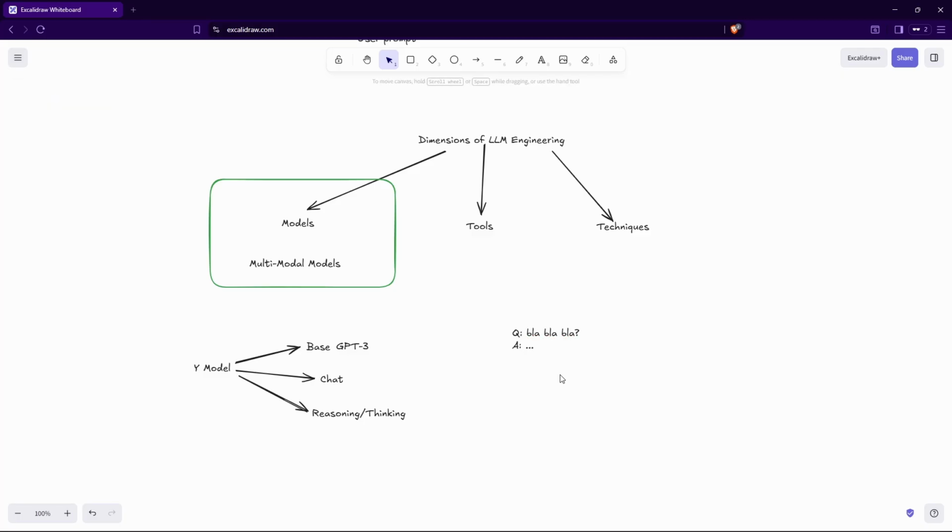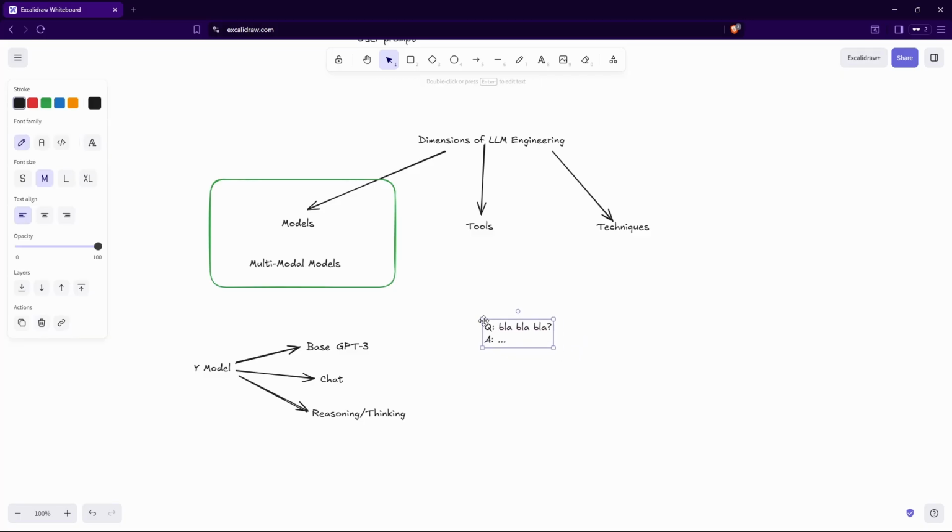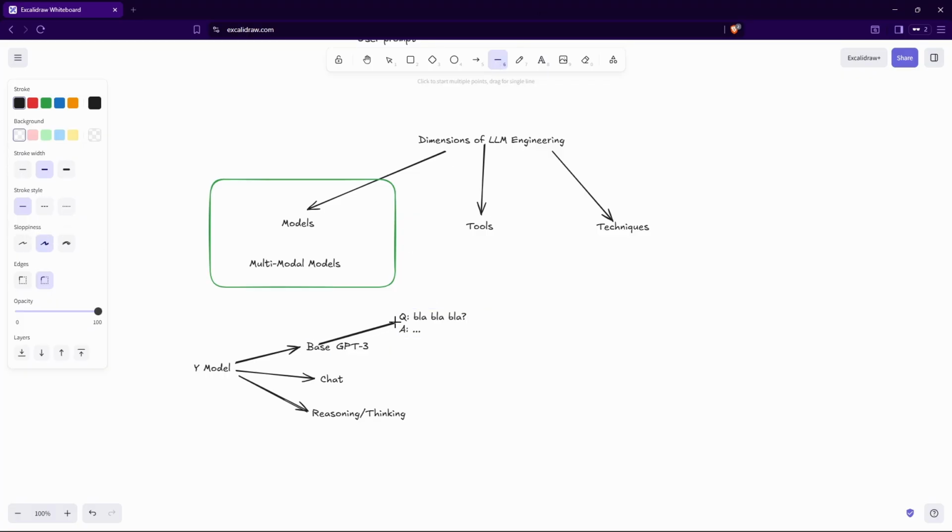They would use this pattern to interact with the base model. By having this structured way of interacting with the base model, you could force it to behave as if it was answering questions, like a Q&A kind of thing.